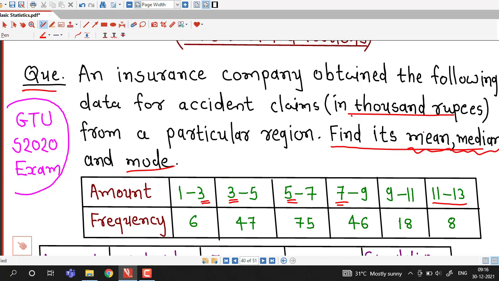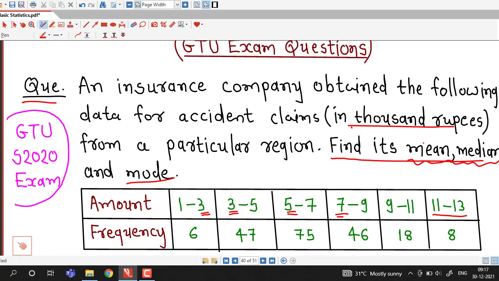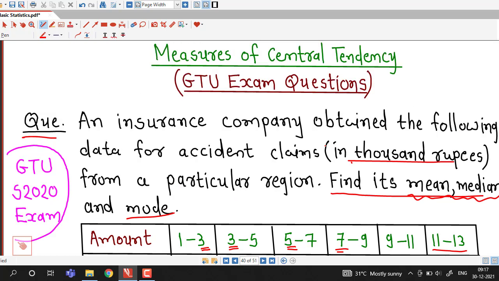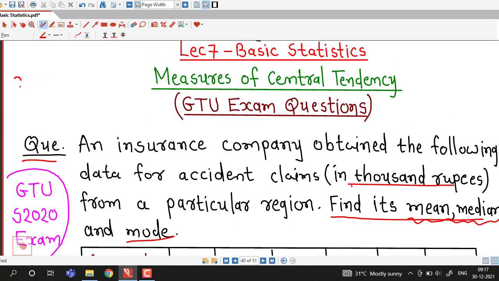For mean, median and mode we are making a composite table in which we will prepare those columns which are required for all these three quantities. For mean, if we recall the formula, we have x bar equal to sigma f into x divided by sigma f.